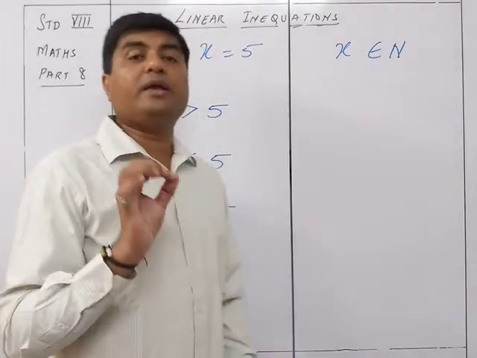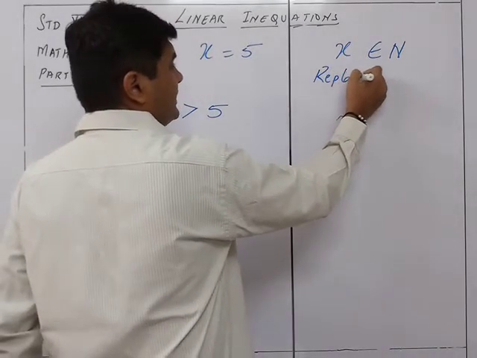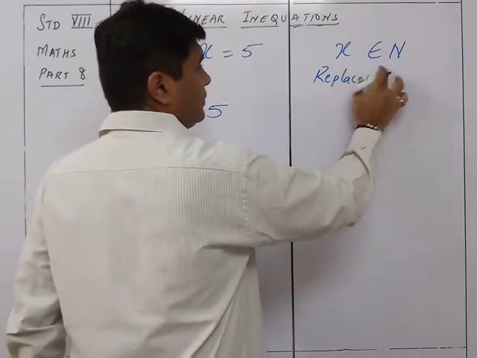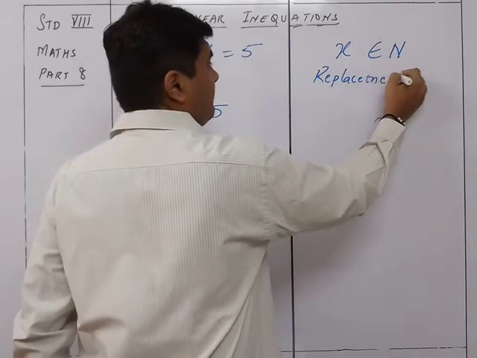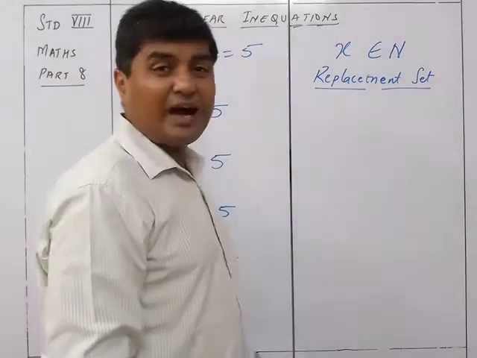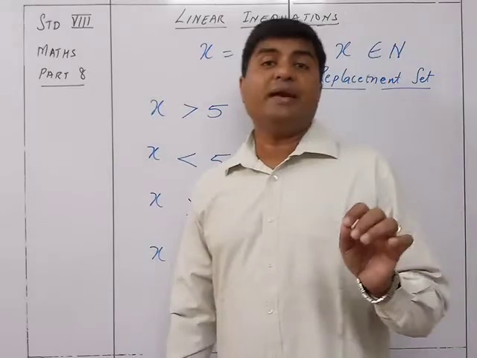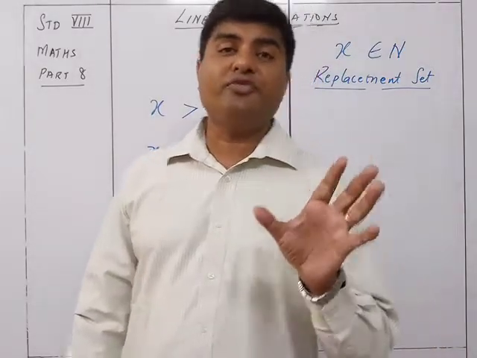The answer is called a replacement set. It will be in the form of a set. So the answer will not be in the form of a number or just a digit, but it will be in the form of a set of numbers.